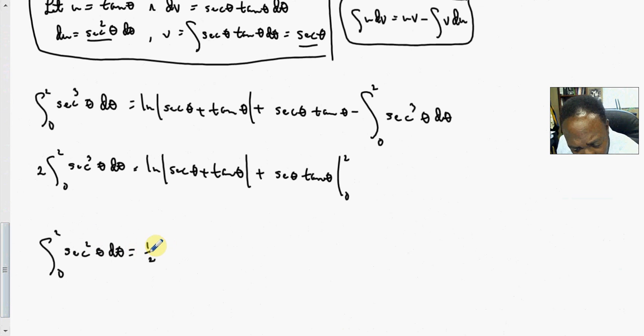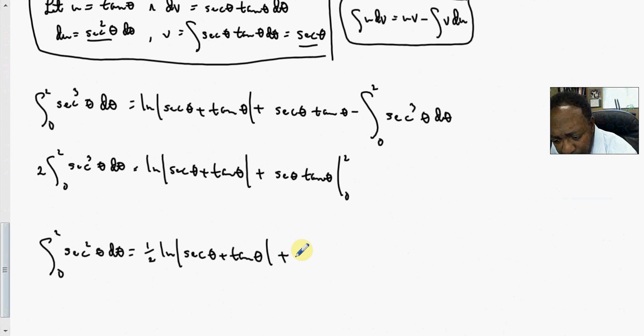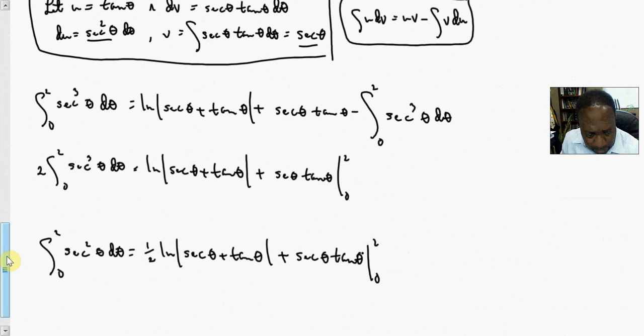This is 1/2 times the natural log of the absolute value of secant theta plus tan theta, plus secant theta tan theta, evaluated from 0 to 2.